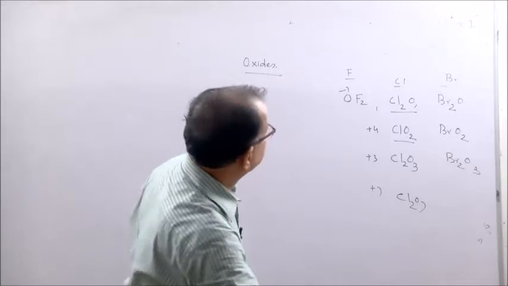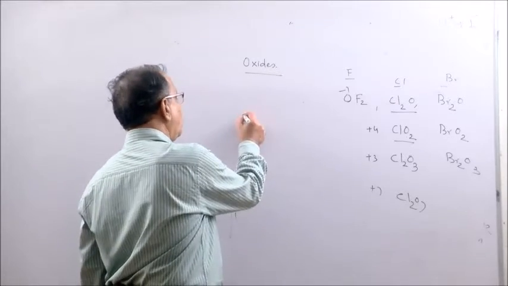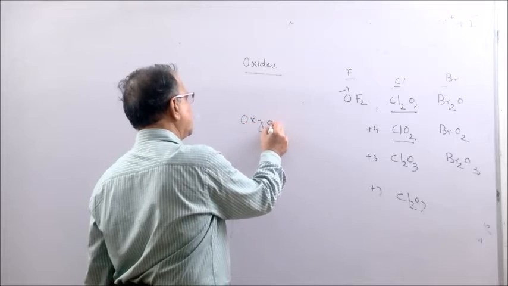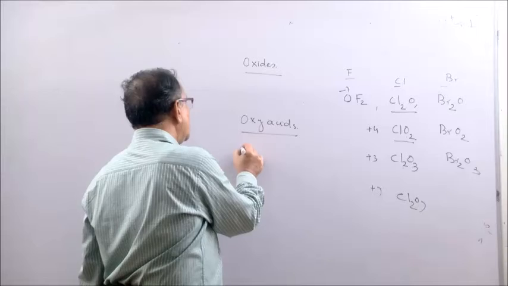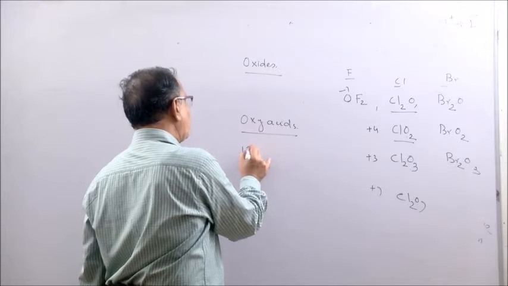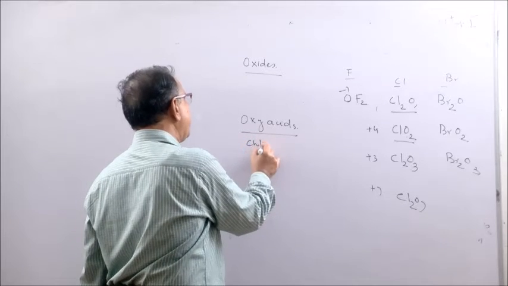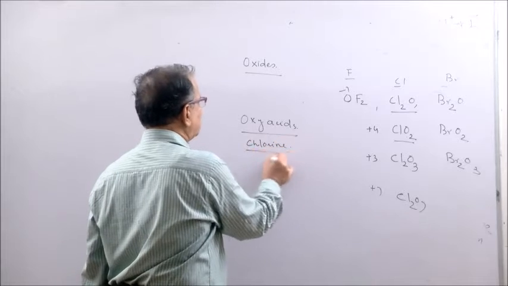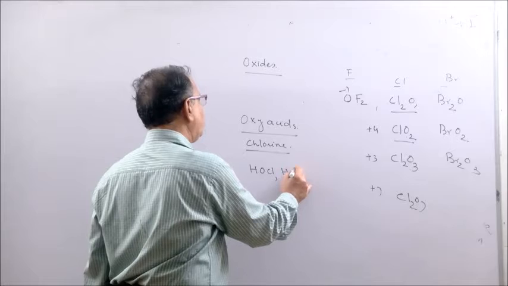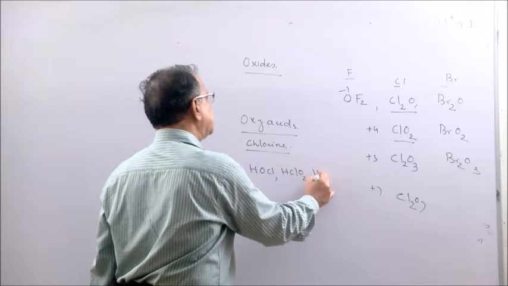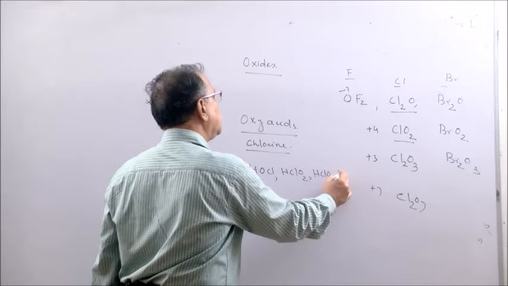Then oxyacids. Chlorine mainly forms oxyacids: HOCl, HClO2, HClO3, HClO4.